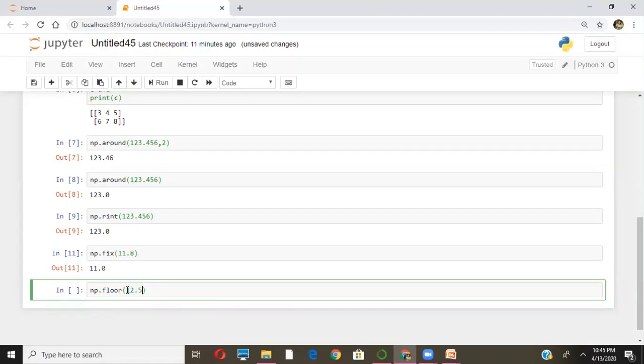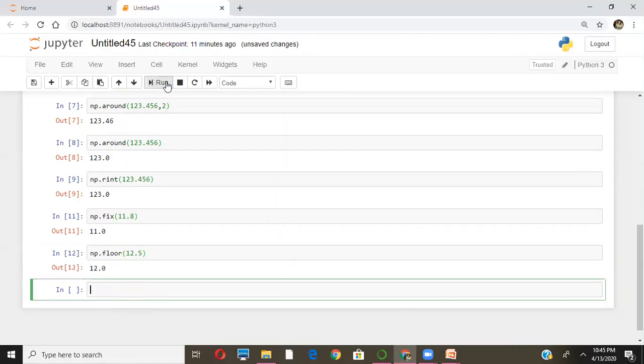So in this case, 12 will be considered as the floor, and the higher value 13 will be considered as the ceil part. So when I ask np.floor of 12.5, the answer that will be returned will be 12, since that is the lower value. So here the answer is 12.0.